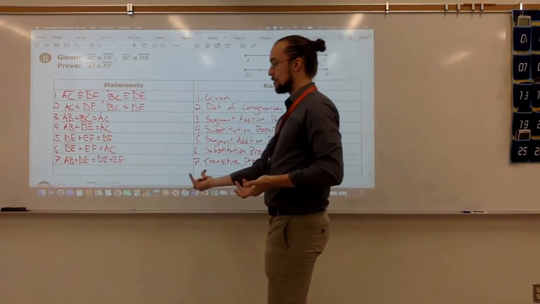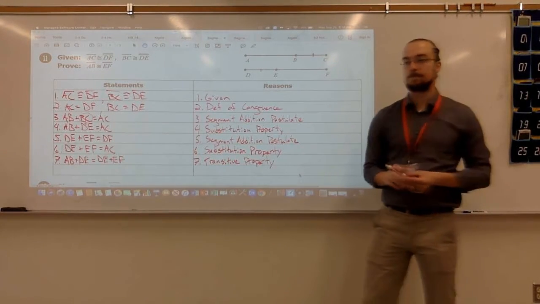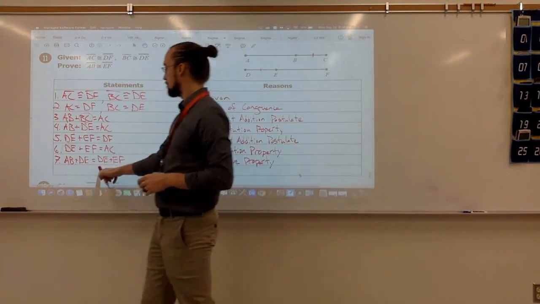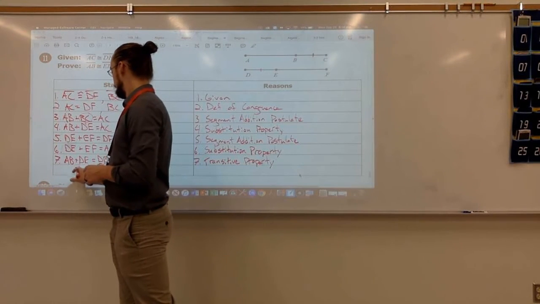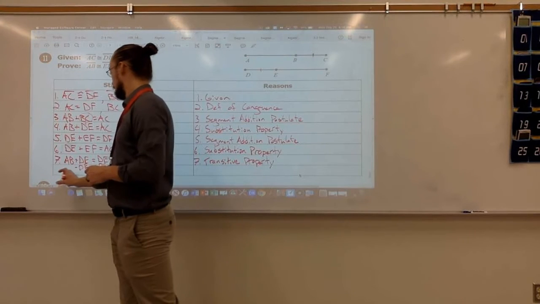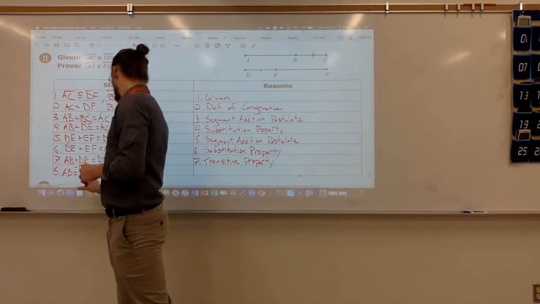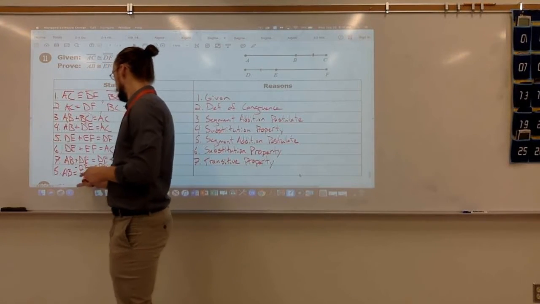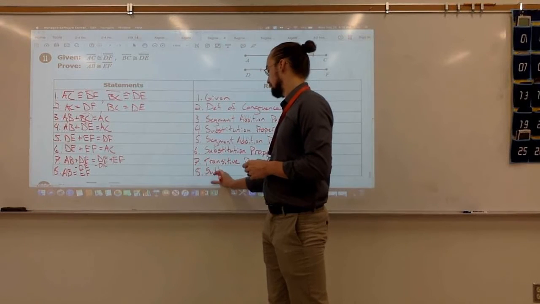Now, how can I get to AB and EF are the same? Yeah, we're going to subtract DE from both sides. Okay, so then we just end up with AB equals EF. So subtraction.